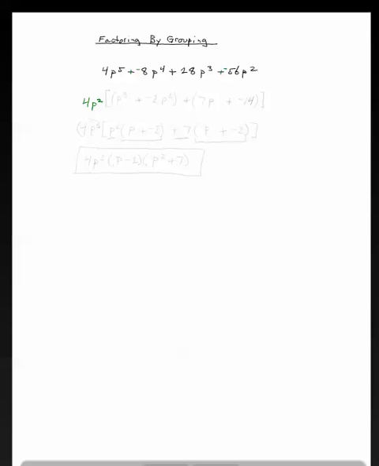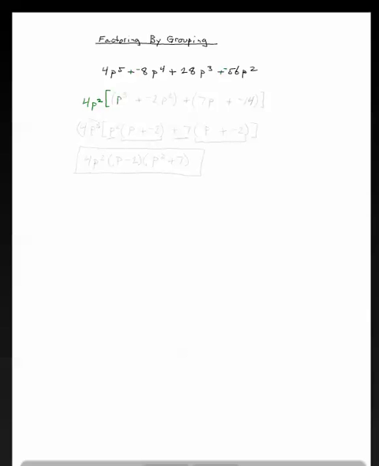So if I'm going to factor that out of the entire polynomial, I need to use a bracket, because eventually in this problem I'm going to have to introduce parentheses as well. So now I look at it and I say, well, 4 times 1 is 4, so I don't need to have a coefficient, but I have p squared and I need p to the 5th, which means I need 3 more factors of p.